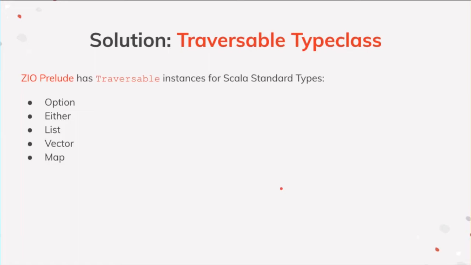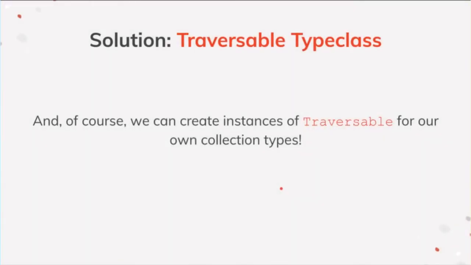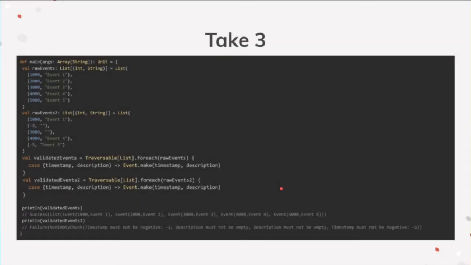In this case, I'm saying that for each element found in the rowEvents list, I'm going to convert it to an Event object. As you remember, this Event.make returns a Validation data type. So at the moment of traversing this list, if there are validation errors, they will be automatically collected into a NonEmptyChunk.